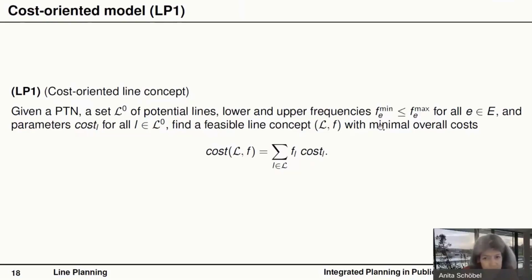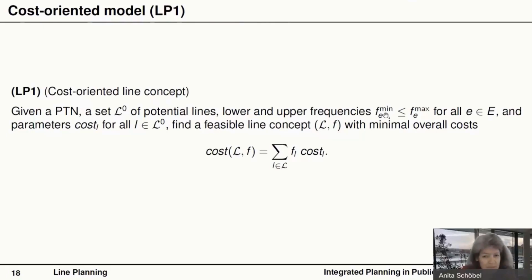So if we want to minimize the costs, as you also see in this formula, and which is also very intuitive, you will get lower costs if you have fewer lines. So if you just want to minimize the costs, it would be best to have no line running at all. You would set all frequencies to 0, and then you have 0 costs. This would be a solution, maybe the best solution if you look only at the costs.